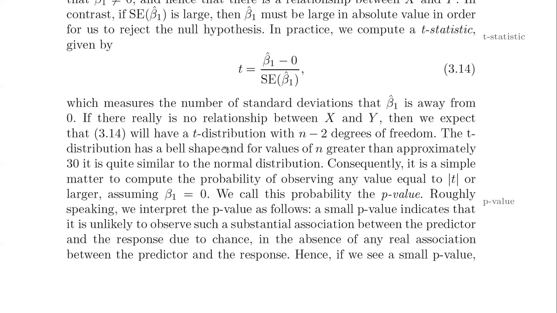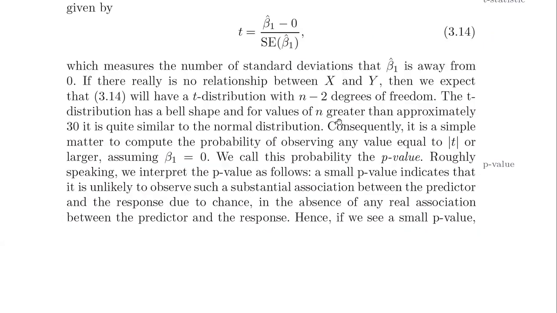The t distribution has a bell shape, and for values of n greater than approximately 30, it is quite similar to the normal distribution. Consequently, it is a simple matter to compute the probability of observing any value equal to the absolute value of t, or larger, assuming beta 1 is 0. This is the p-value.